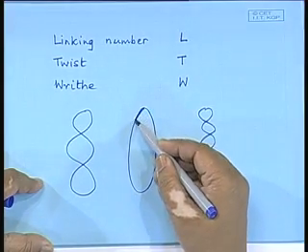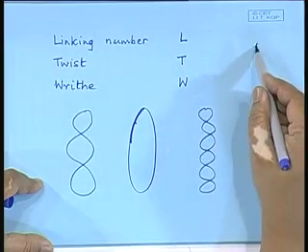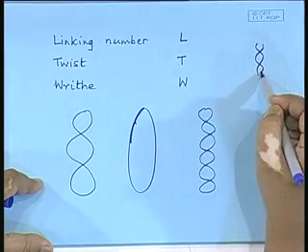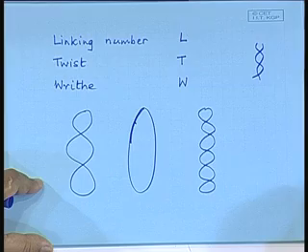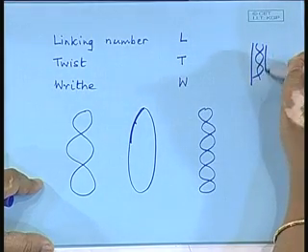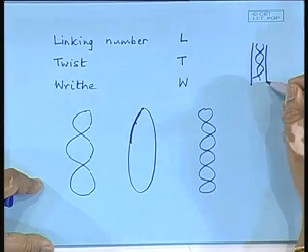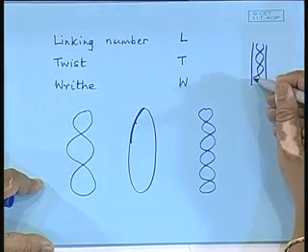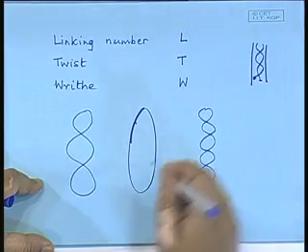This that I have drawn here is actually this, right. It is the linear part of the DNA that has covalently linked the ends to form this.